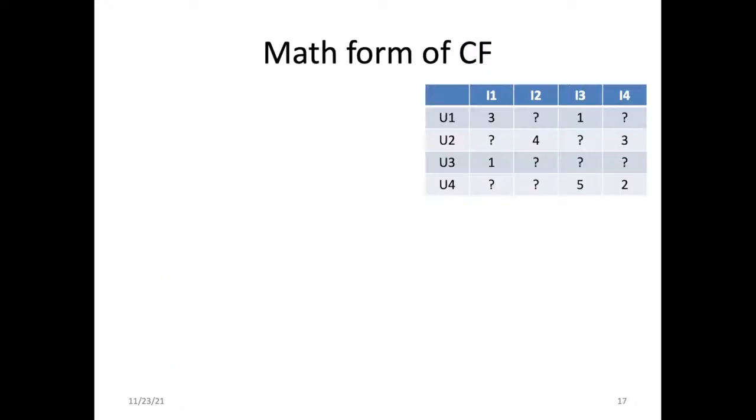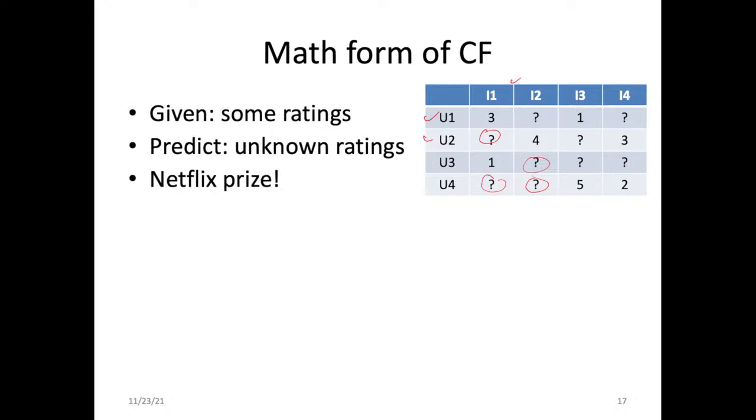Okay, so what's the math form of collaborative filtering? We only have some users and items and users' ratings on some of the items. And we want to predict these question marks. Okay, so this is the math form. Given some ratings, you want to predict the unknown ratings.